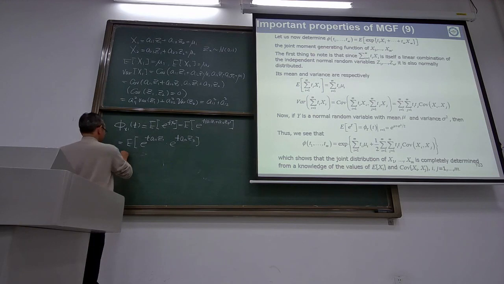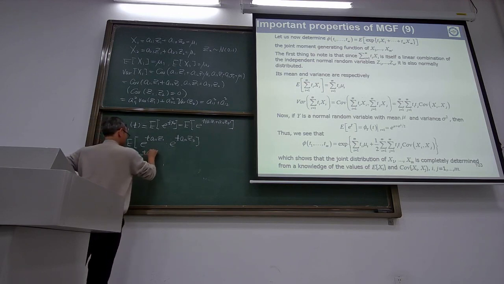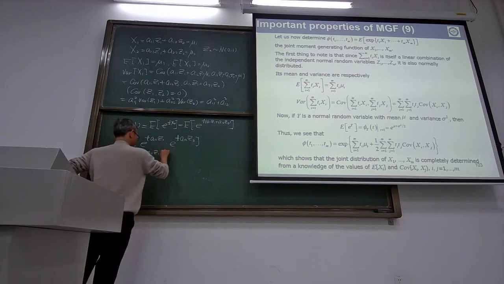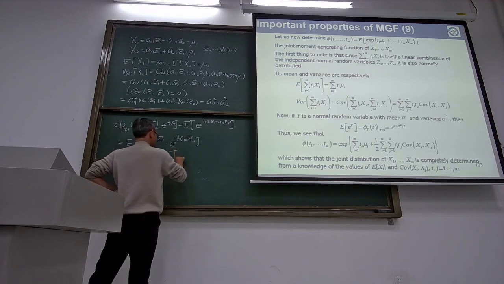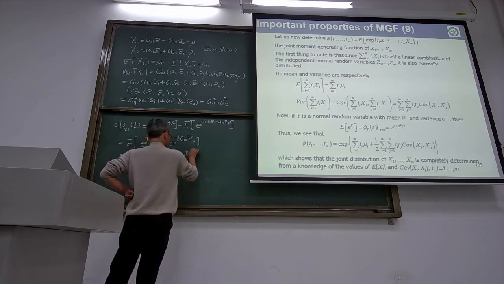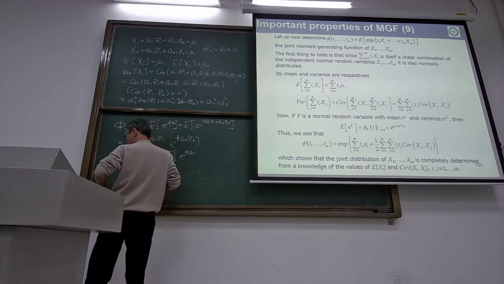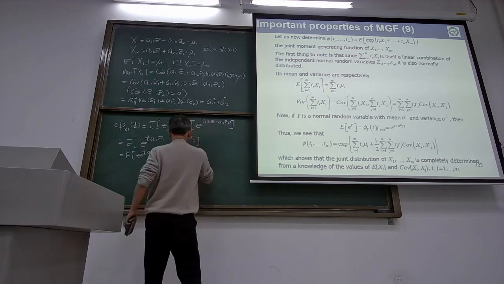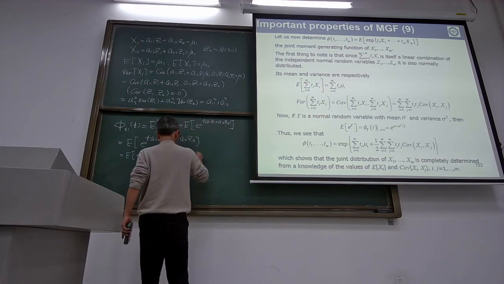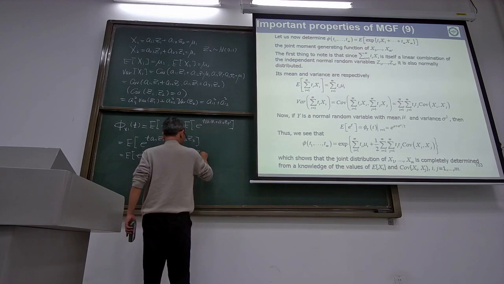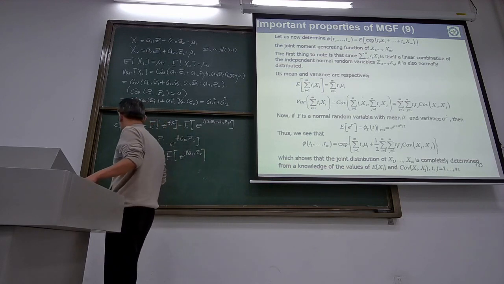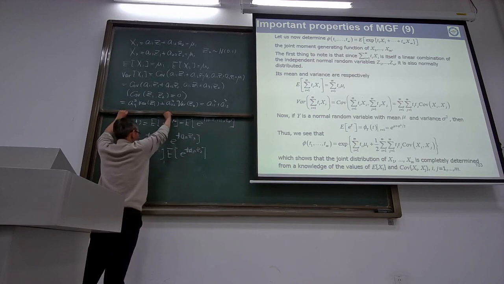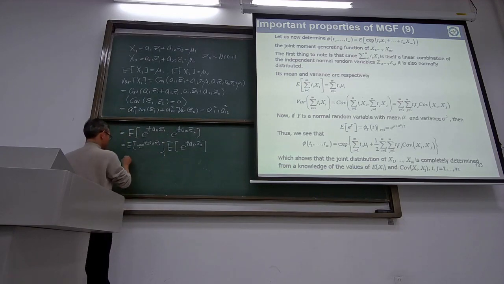It just gives the product of the individual expectations for the standard normal distribution.